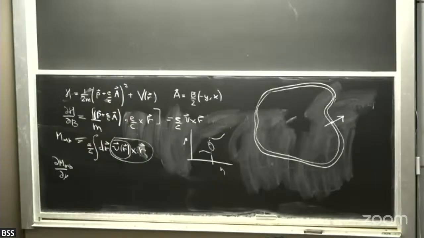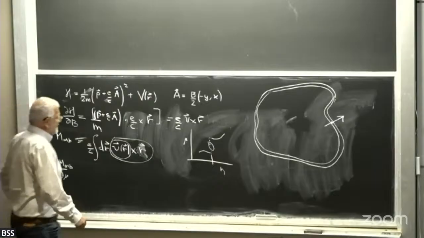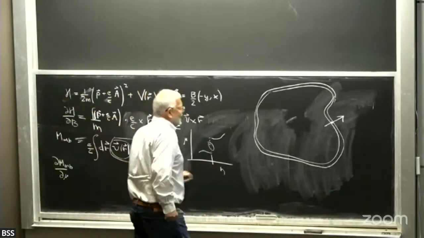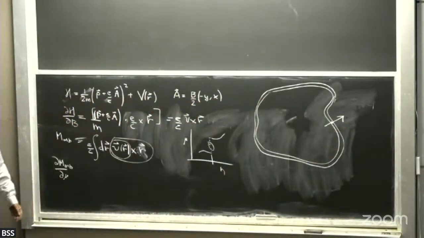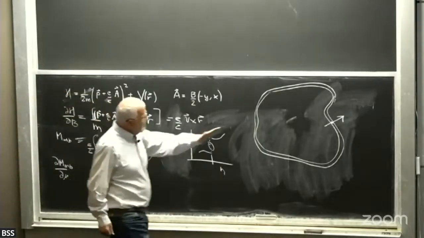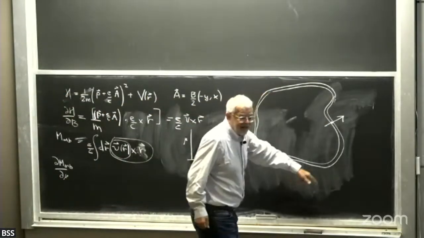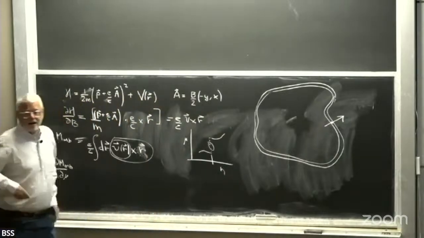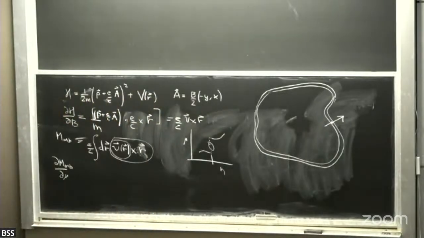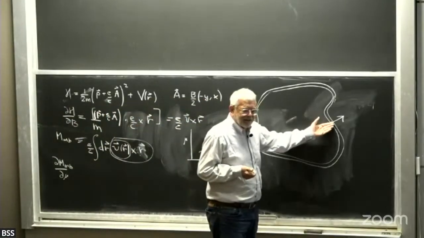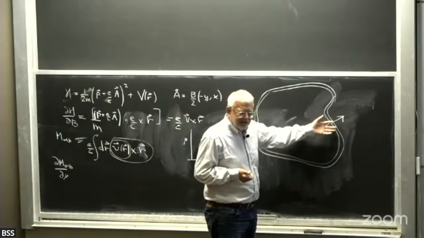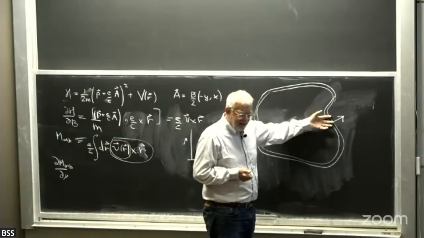When you integrate charge times velocity across the edge, that's the current. So I want to integrate first across the edge and then around the edge. When I integrate across the edge, it may be that there is a net current flowing at that point along the edge. We'll see in just a moment, and most of you know, that when you get a quantum anomalous Hall effect, there is an edge current.